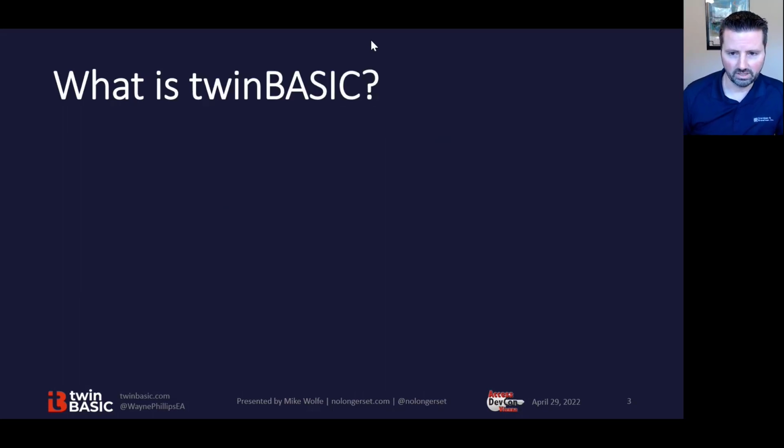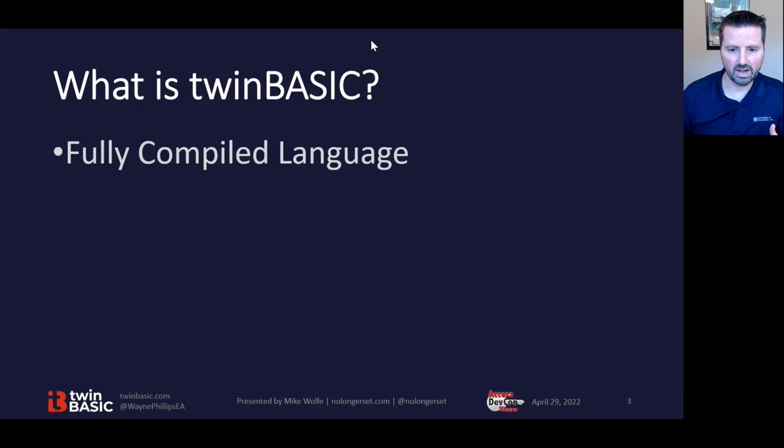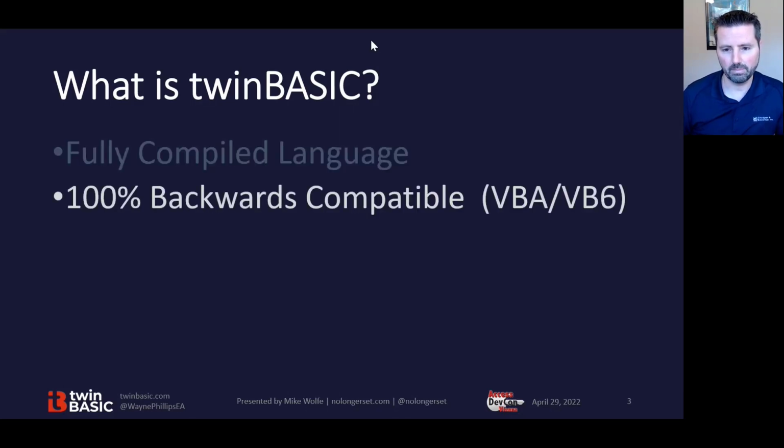So real quickly, twinBASIC is a fully compiled language that's 100% backwards compatible with VBA and VB6. So you can copy and paste your VBA code into twinBASIC, and it'll just run. If you've got Visual Basic projects, you can import the VBP file, and if you don't have any forms, it should come over 100% without any issues.